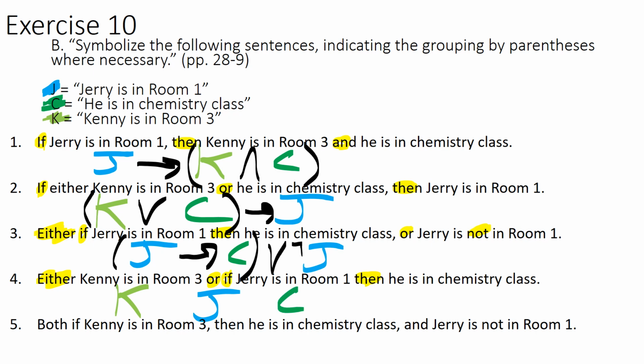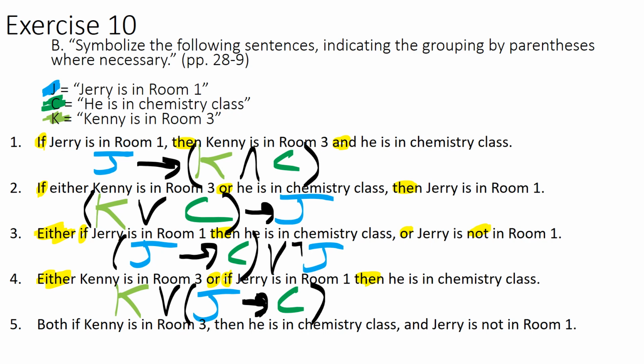So we have K or J, if J, then C. But we need our parentheses there. The disjunction is dominant. So K or parentheses, if J, then C.